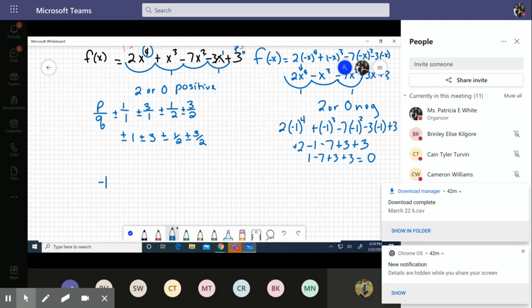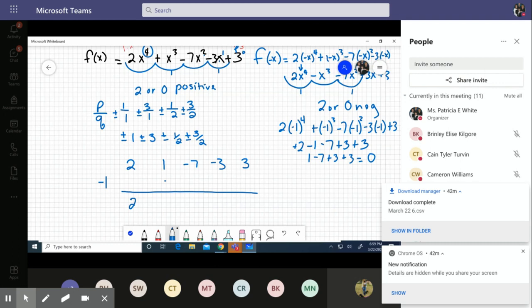So I'm going to write those numbers down. I don't have anybody missing. 2, 1, negative 7, negative 3, and positive 3. My first step is just to bring down that first coefficient. So I'm going to bring down that 2. Now we're going to multiply, put our answer here, and add.